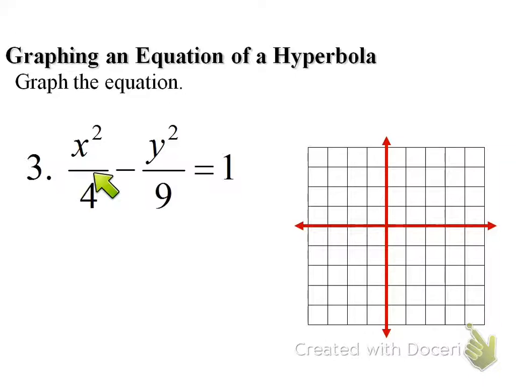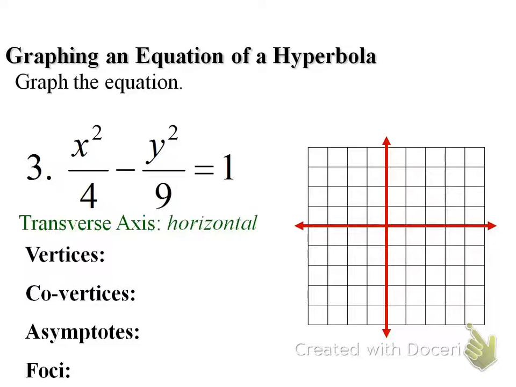Good. So, again, whatever number is underneath the first term, that's your a squared. That tells you how far in this direction you need to go to get to your vertices. So now we're going in the x direction since it's horizontal. So where will my vertices be located?